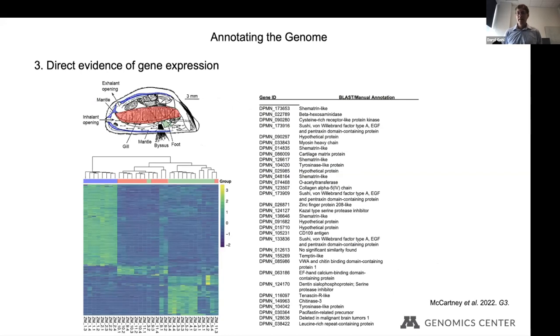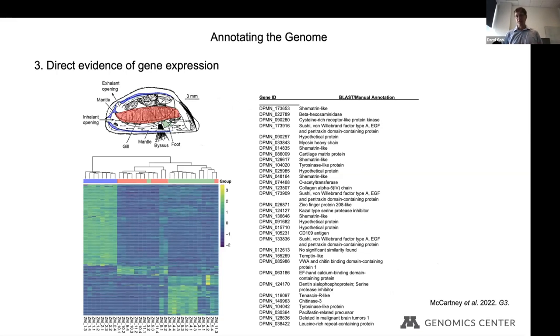The other way that we can look at the genes in the genome and try to get some evidence about whether they're interesting targets or what their functions might be is we can look directly at gene expression. We can take different tissues, grind them up, isolate the RNA, and then sequence it, and we'll see what genes are being turned on in those tissues.